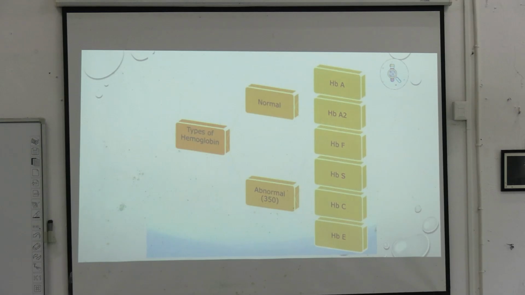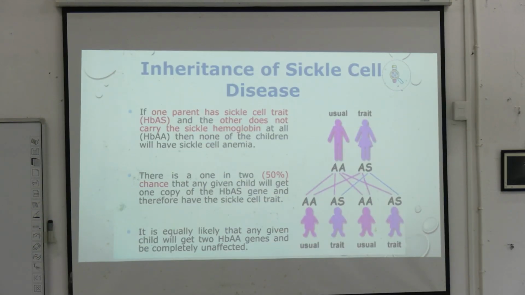What are the normal types of hemoglobin in our body? We get HbA, HbA2 and fetal hemoglobin. The abnormal types of hemoglobin are HbS, which is seen in sickle cell disease, then HbC and HbE are other forms of abnormal hemoglobins.